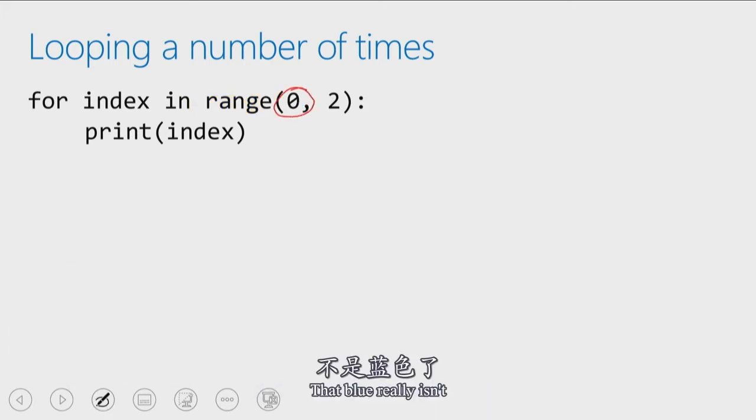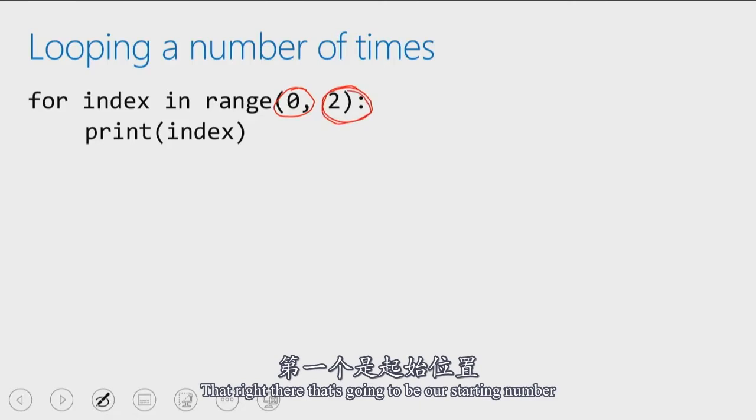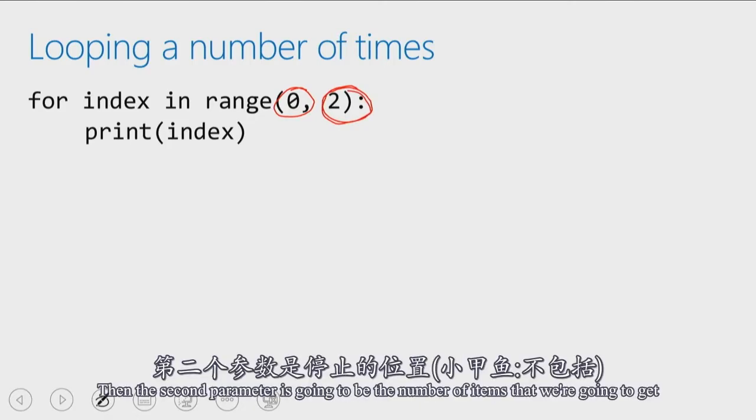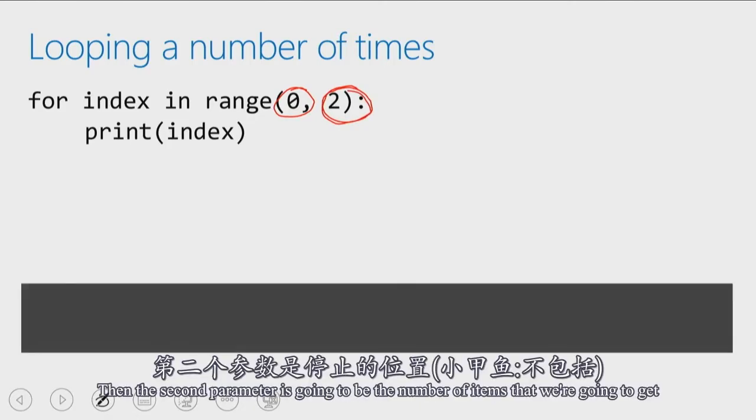That blue really isn't working. Let's do it this way. There we go. We'll just circle it. That right there, that's going to be our starting number. And then the second parameter is going to be the number of items that we're going to get.